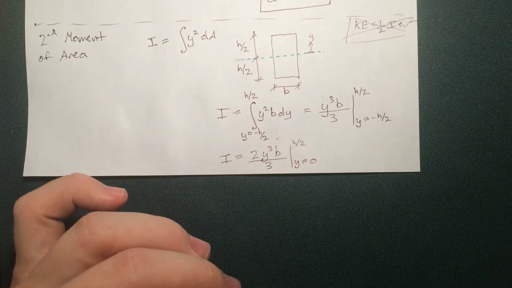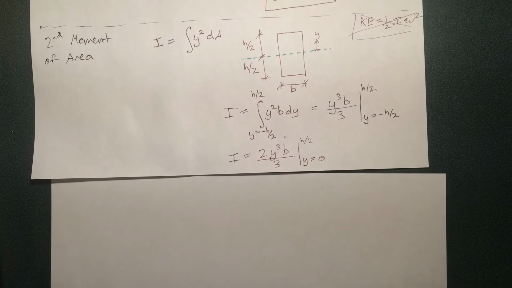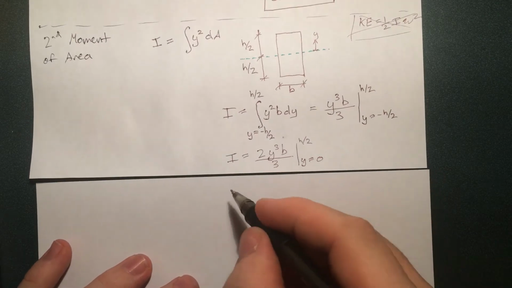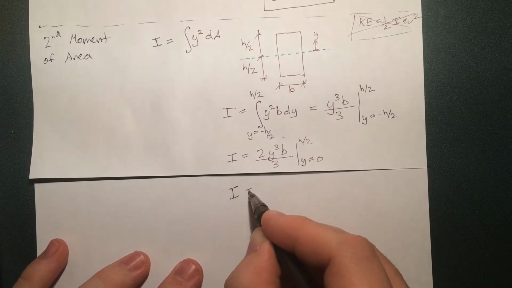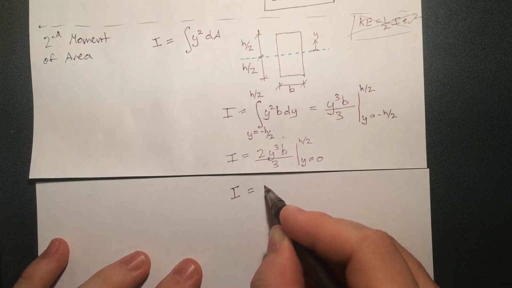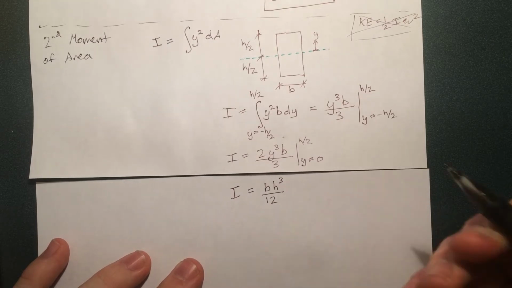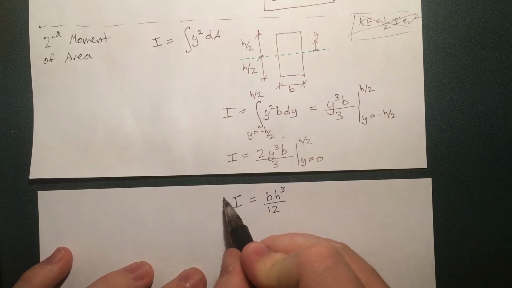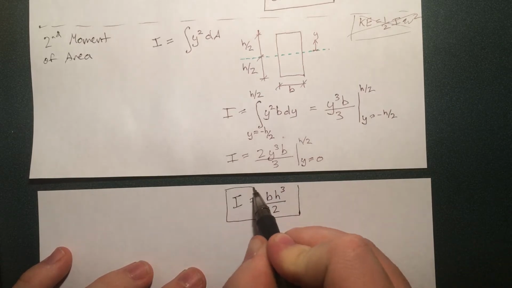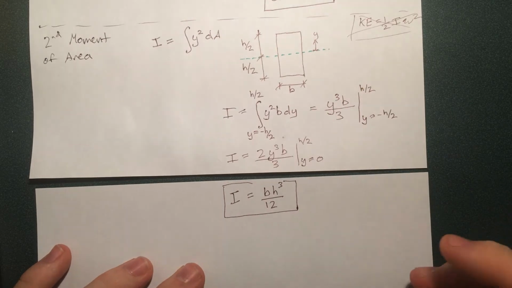Alright, let's keep going here. So we plug in our numbers and we get I equals bh cubed by 12. Okay, and this is for this particular square relative to the center.